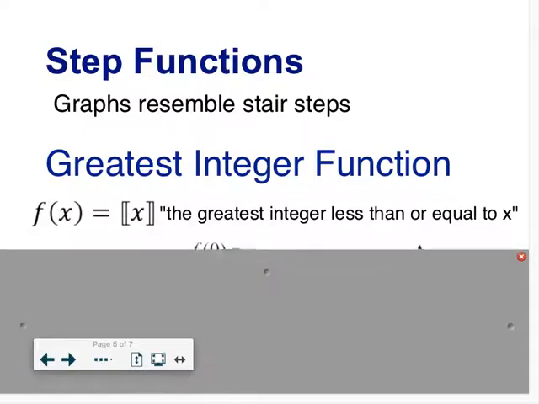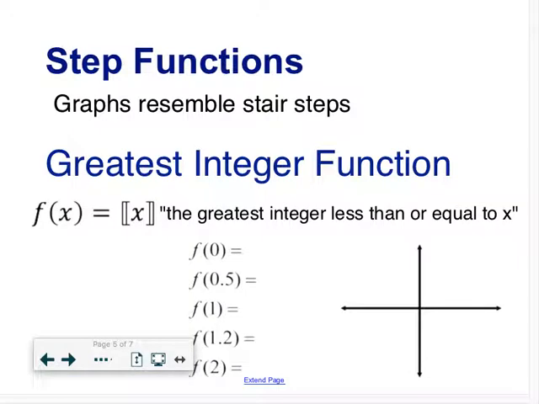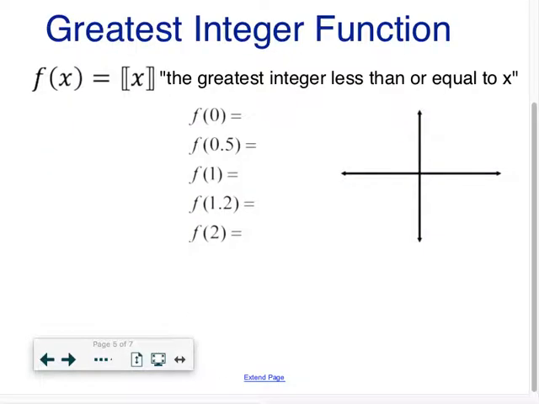Okay? So we're going to do, you could do a table of values. I think on your homework it asks you to do some function notation. So I'm modeling that for you for your homework. We're going to evaluate these in the greatest integer function. Okay?